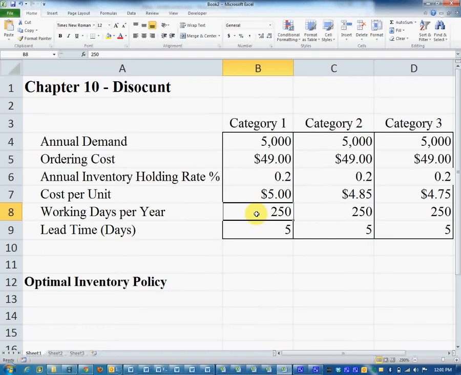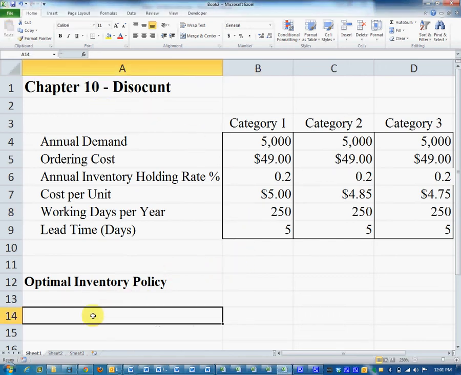So we're going to go ahead and work through the problem. First thing we need to do is set up our EOQ, economic order quantity.